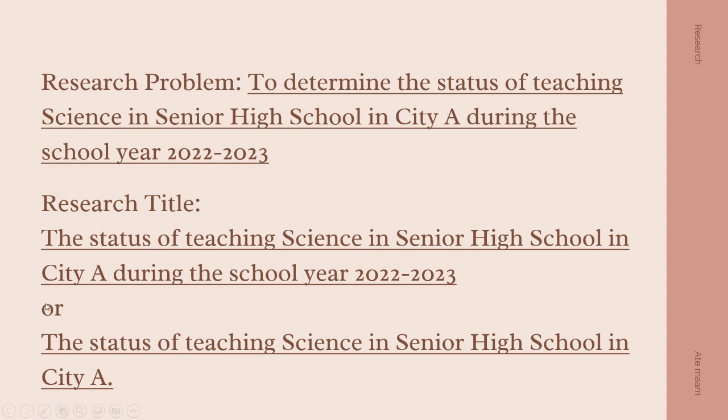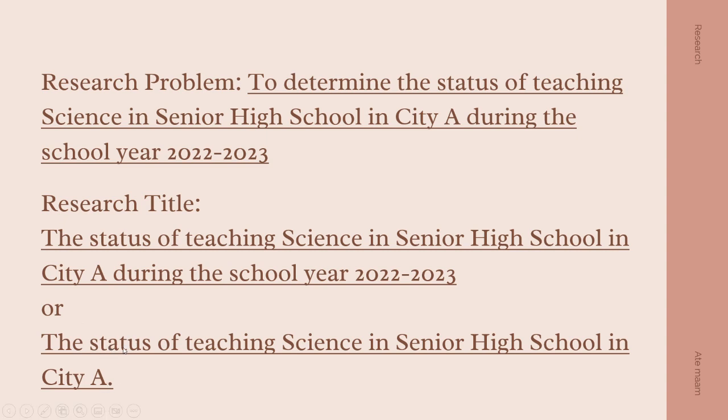So your research title can be any of these. It can be derived from your research problem. It's easier, right? From the research problem, we just made it brief and concise, and you already have your research title. This is one easy way of writing your research title.